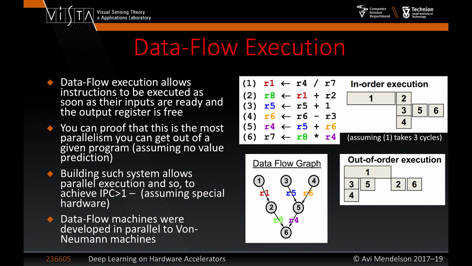Because if you have a problem, you have no idea what happened. You have no visibility. You have no idea if the problem is hardware, software, or algorithm. So mainly because of this reason and a few other reasons, because of internal bottlenecks, the pure Dataflow machine never succeeded.